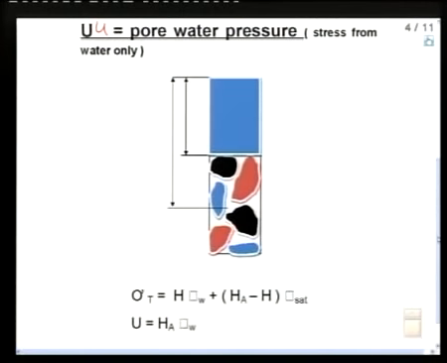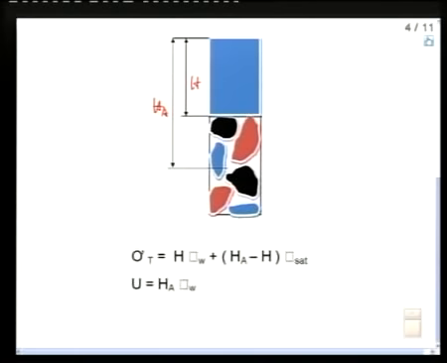As we see here, this is H, remember? And this we call HA. And we found that sigma total equals H multiplied by gamma water, plus HA minus H multiplied by gamma saturated.